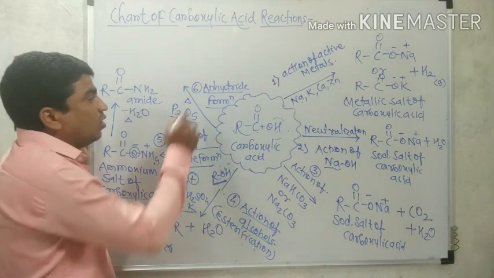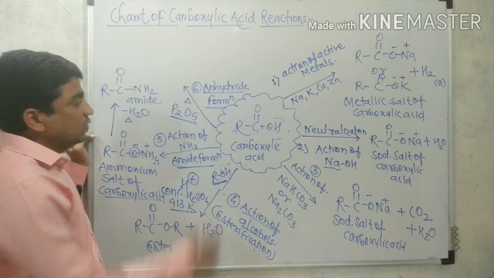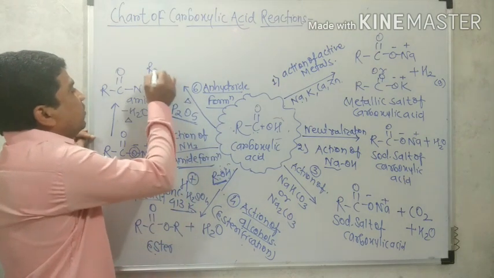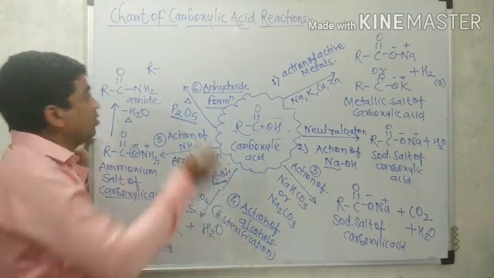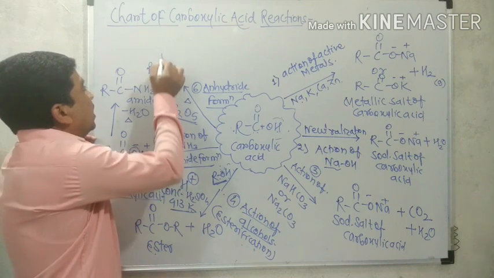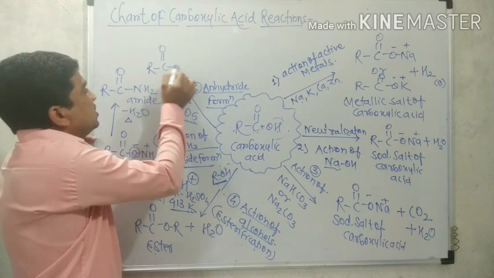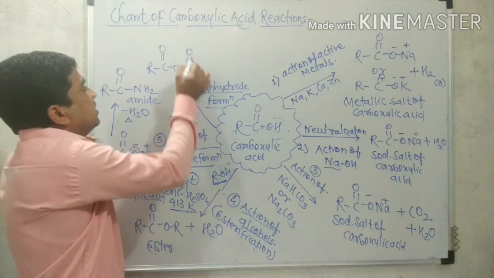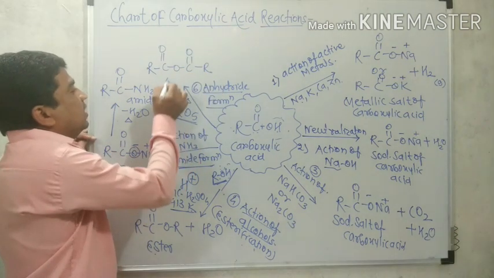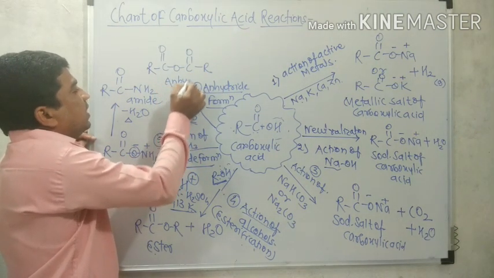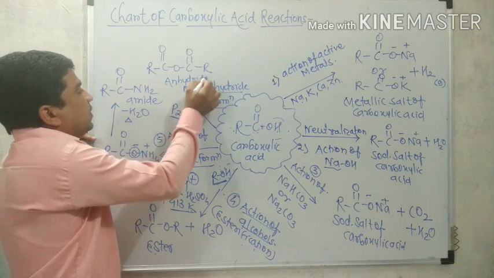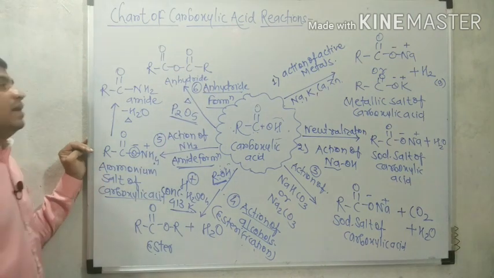Anhydride formation is also called dehydration reaction. So here we obtain, after removal of water from two molecules of carboxylic acid, RC double bond O, single bond O, C double bond OR, that is anhydride, completely called acid anhydride.